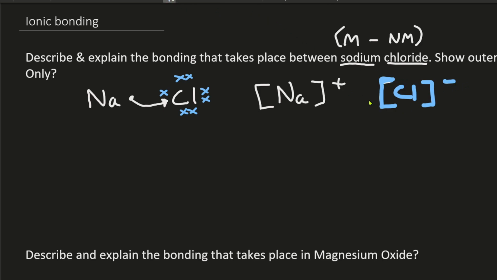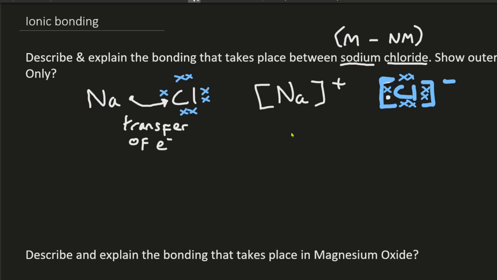Now, this is 1, 2, 3, 4, 5, 6, 7. And of course, it's taken 1 from the sodium. So now it has its 7 electrons plus 1, 8. And there's been a transfer of an electron. It's no longer sharing like in covalent bonding. There is a transfer of electrons.